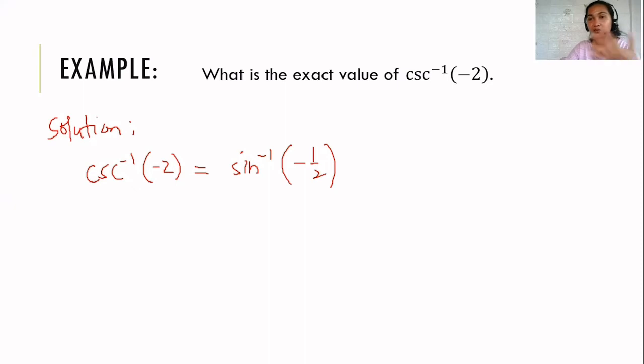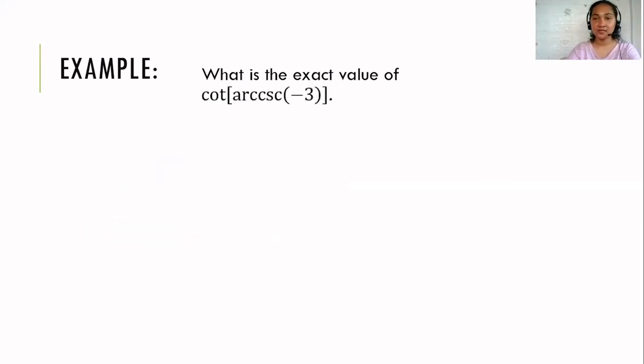And again, looking at the unit circle for inverse sine of negative 1/2, the angle that will generate sine equal to negative 1/2 is negative pi over 6. That means inverse cosecant of negative 2 is negative pi over 6. Now, let's proceed with the next example.